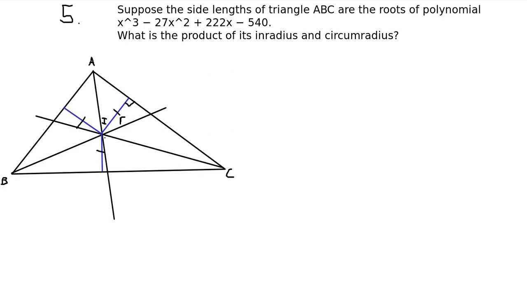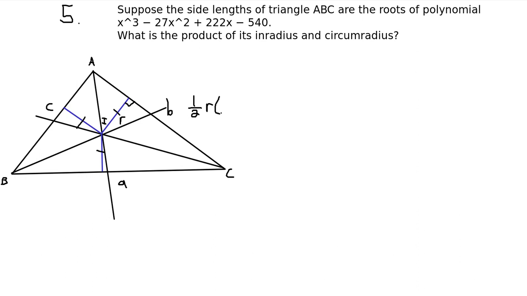And so since all of these are perpendicular, we can compute the areas of ABI, AIC, and so on. I'm going to let this side be little c, this is little b, and this is little a. Each of these triangles is just 1/2 base times height. In other words, 1/2 r times a, 1/2 r times b, and 1/2 r times c.